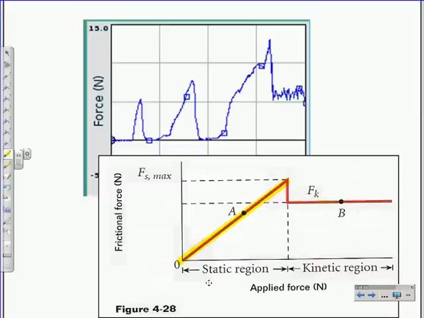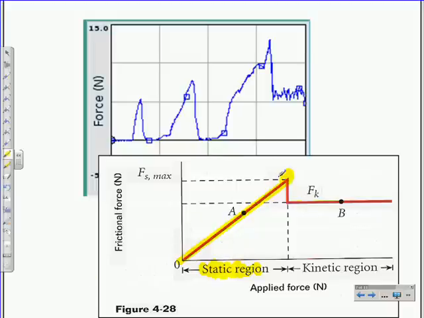Because if this is the static region, as it's saying here on our graph, if no motion is occurring, that means that there has to be an equal amount of applied force and frictional force. If you have a line that's going up by the same amount each time it's going over, rise over run, that slope is equal to 1. So the slope during this section is equal to 1 because the frictional force and the applied force are balancing each other out until we reach this point right here.